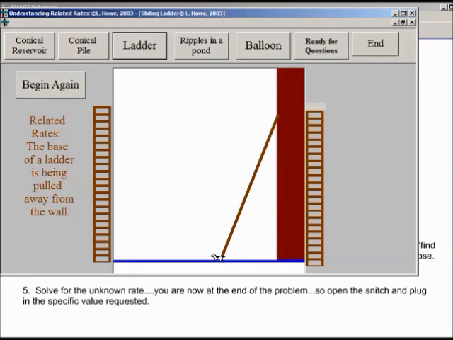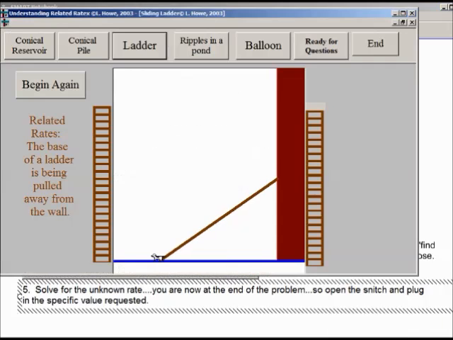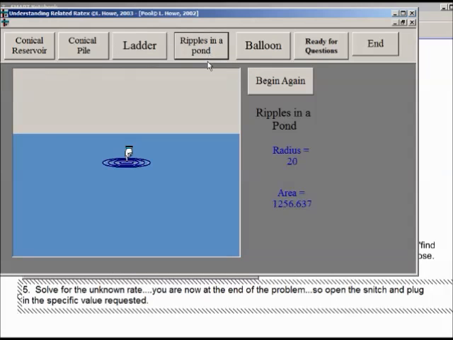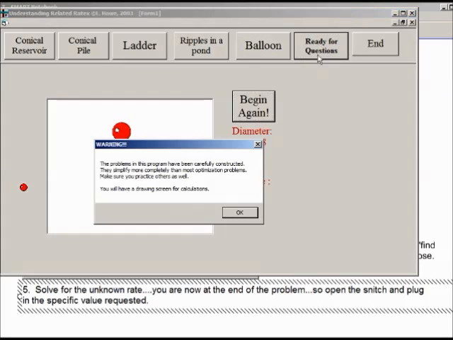The ladder one can show you, let's start again, can show you that at first, though the ladder is being pulled away at a steady rate, it's sliding down the wall at various rates. So though the rates are related, they are not proportional. Here are ripples in a pond, or a balloon deflating.